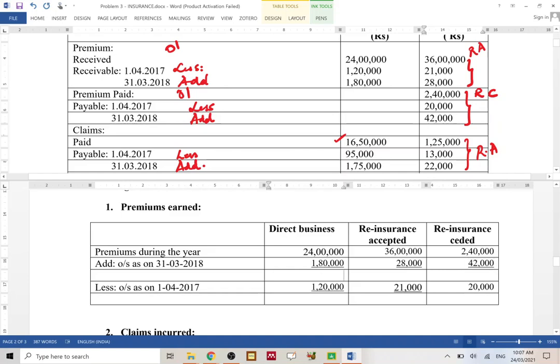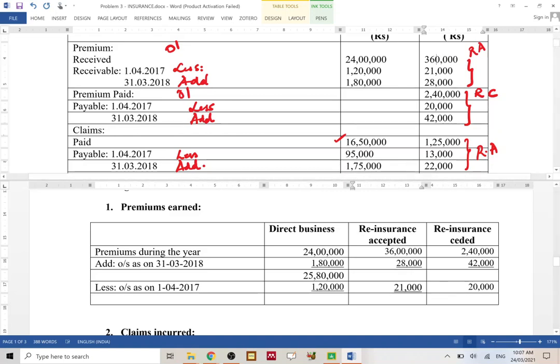24 lakh minus the 1 lakh 20,000 plus the 1 lakh 80,000 will give you 25 lakh 80,000, right? Same way 36 plus 28, this amount here. I think there is a small correction to be made. Give me a second. Yes, this amount is corrected in the problem, it is actually 3,60,000.